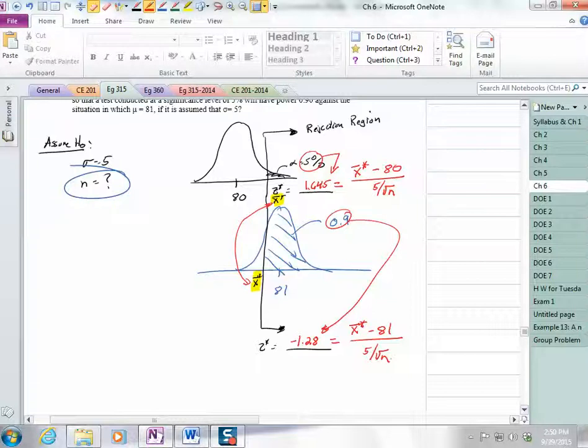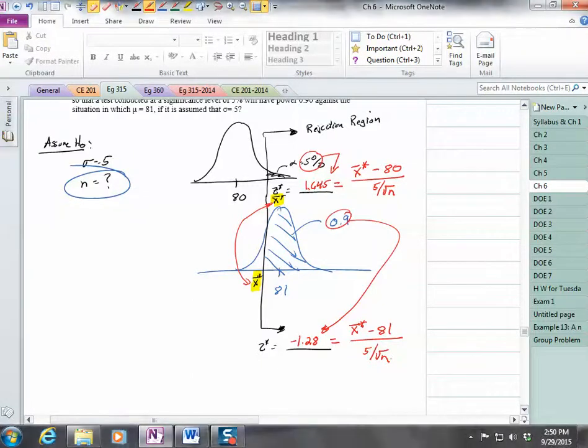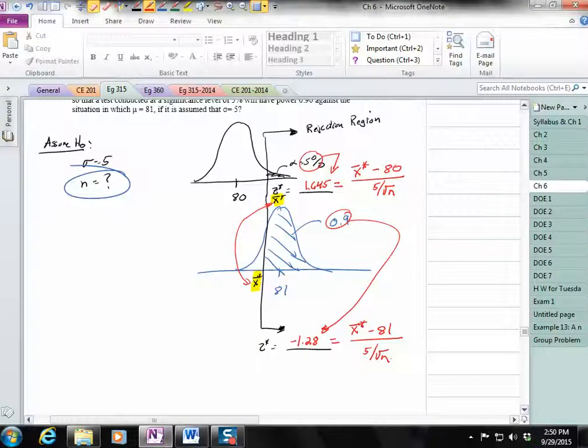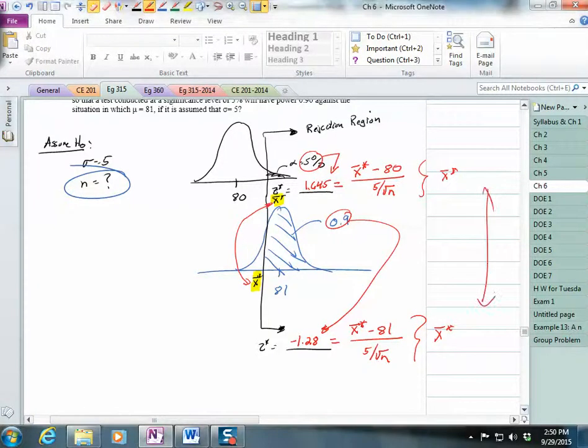So now we have two equations, two unknowns, right? Unknowns x bar star and n. So you could solve this one for x bar star, solve this for x bar star, and then set those two equal to each other, solve for n. But you know how to solve two equations, two unknowns. N ends up being 214 when you do that.